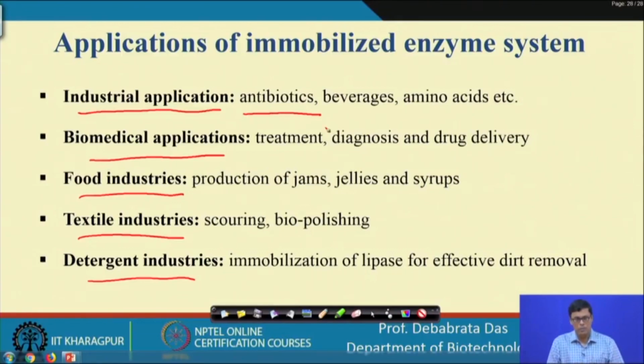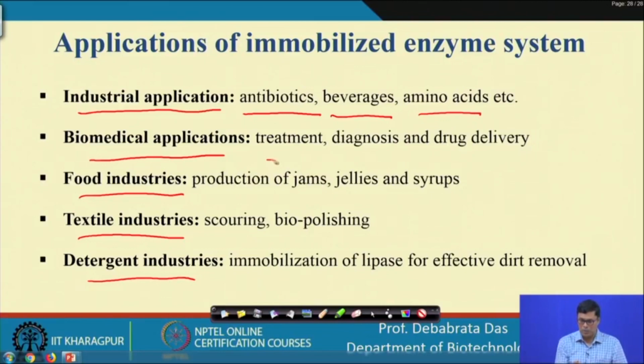Just now I pointed out 6-aminopenicillanic acid, which is produced from penicillin G. Then in the beverage industry, chill-proof beer can be produced when we pass the beer through the immobilized protease enzyme, so that whatever big protein molecules are there will be degraded into small molecules. Then you have amino acids.